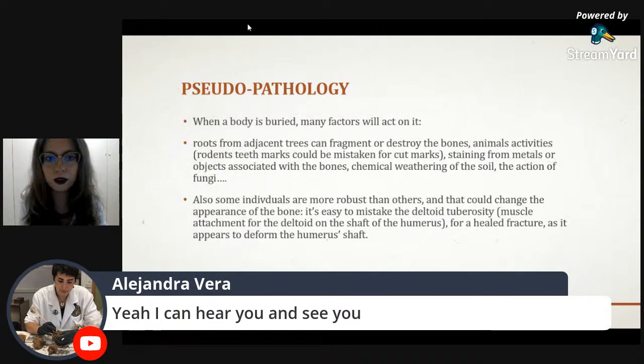Because when human remains, when a body is buried, it is subjected to many factors.